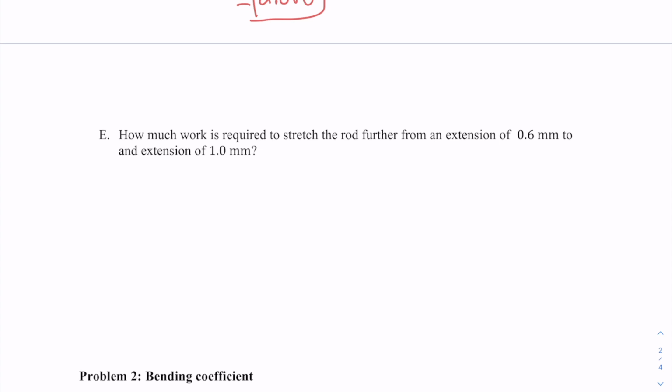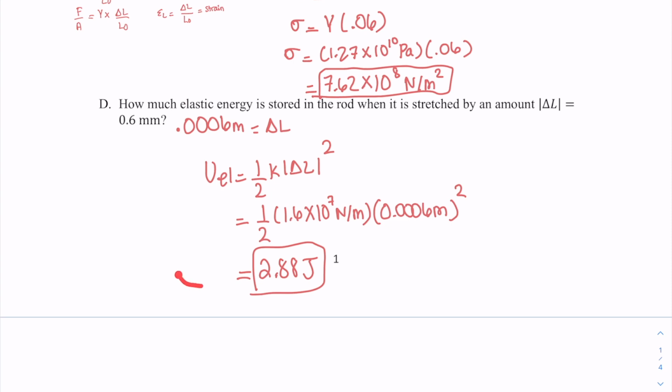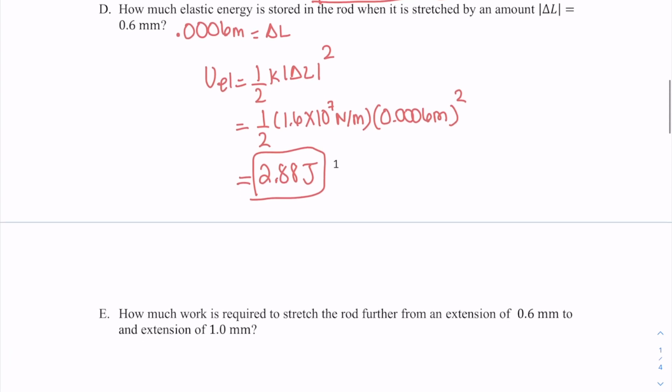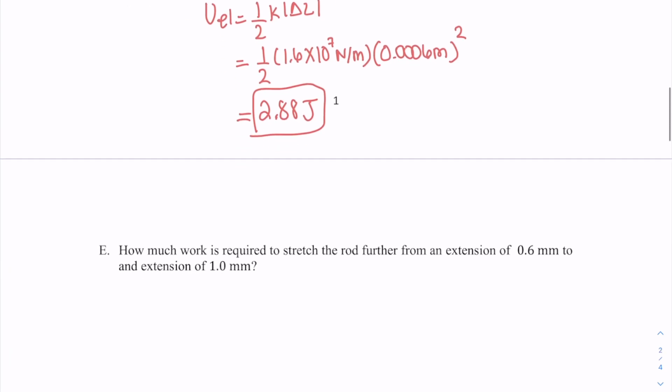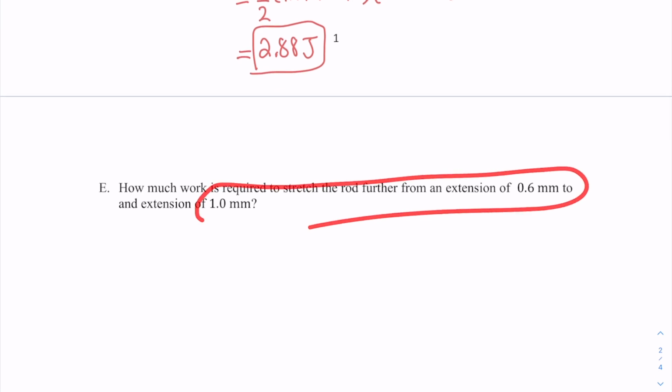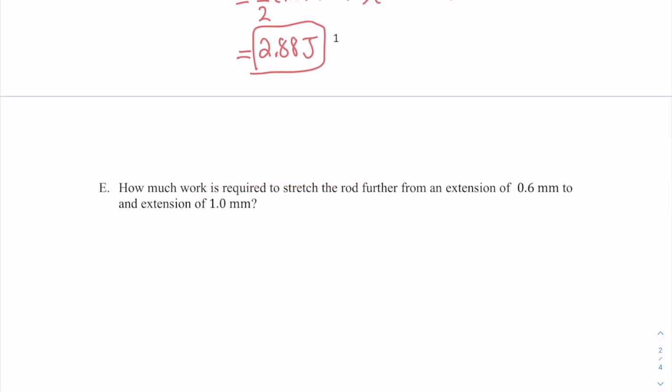But it seems to me that it would just be a repetition of what we have going on here, except that now the delta L will just be the difference between 1 and 0.6 millimeters. But let me read this over real quick again, just to be sure that should be the way we go about this problem.